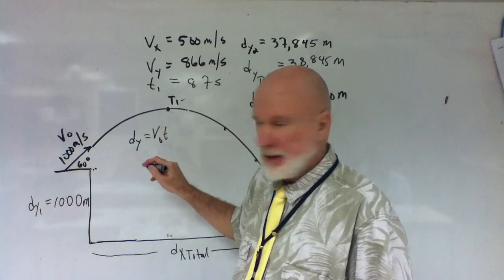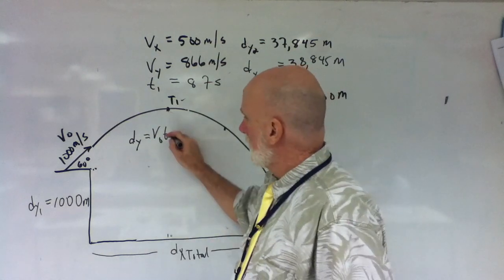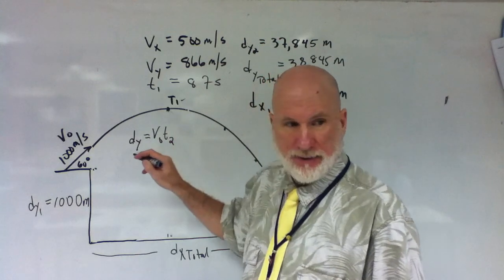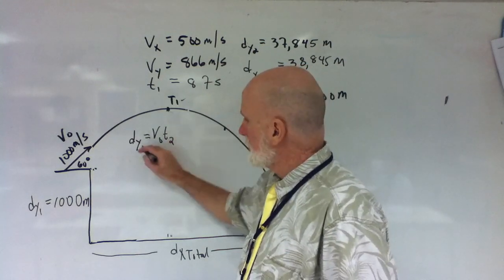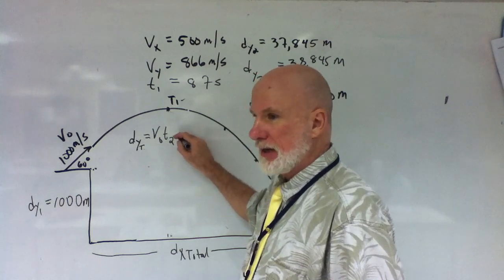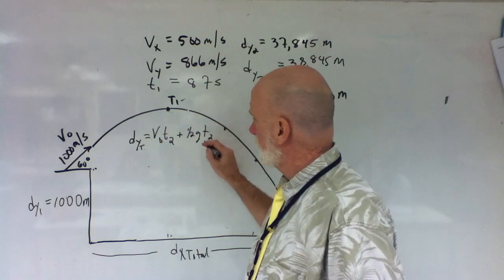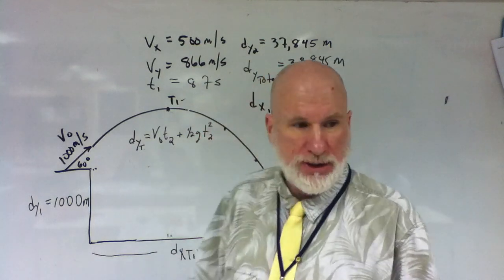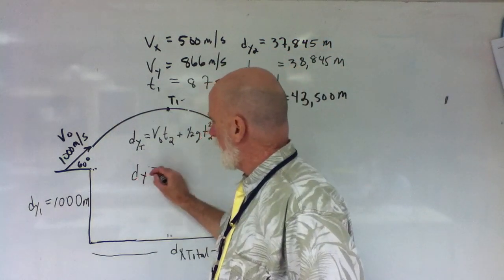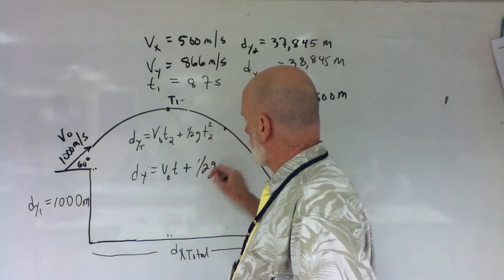In this case we don't know what it's going to be, it's going to be t2, and this is dy total. And then you're going to say plus 1/2 g t2 squared. Remember, it comes from the equation dy equals v naught t plus 1/2 gt squared.